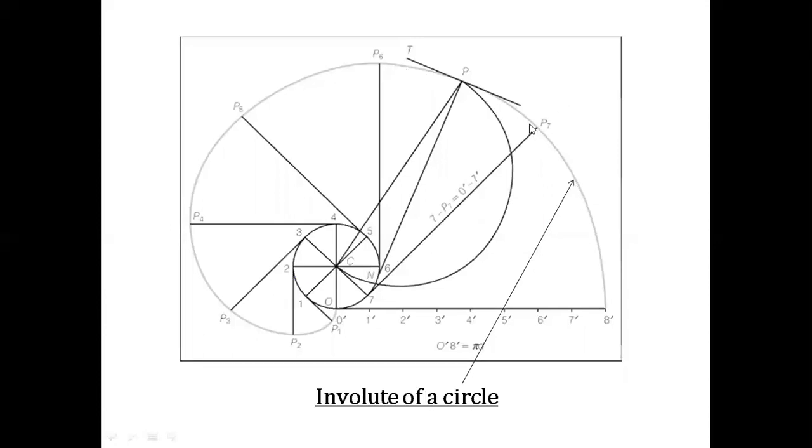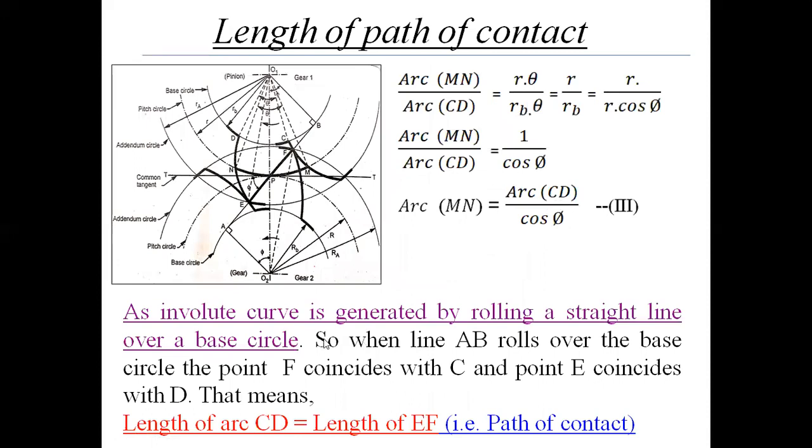So the involute curve shown in the blue line is generated by rolling a straight line. When this straight line rolls on the base circle, the curve generated by the point is nothing but the involute.